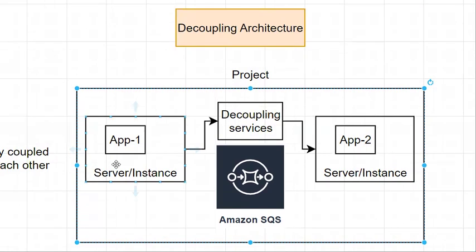If we host our applications on different services like EC2 or Lambda, we can provide interaction between those services by using this Simple Queue Service. We can provide interaction between those microservices by using the SQS service.